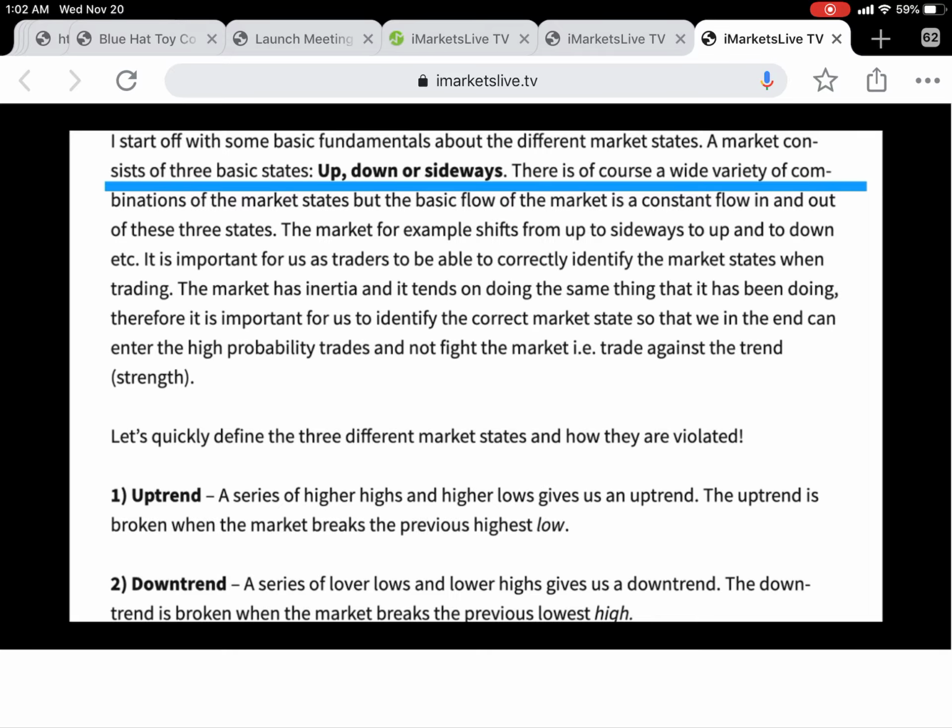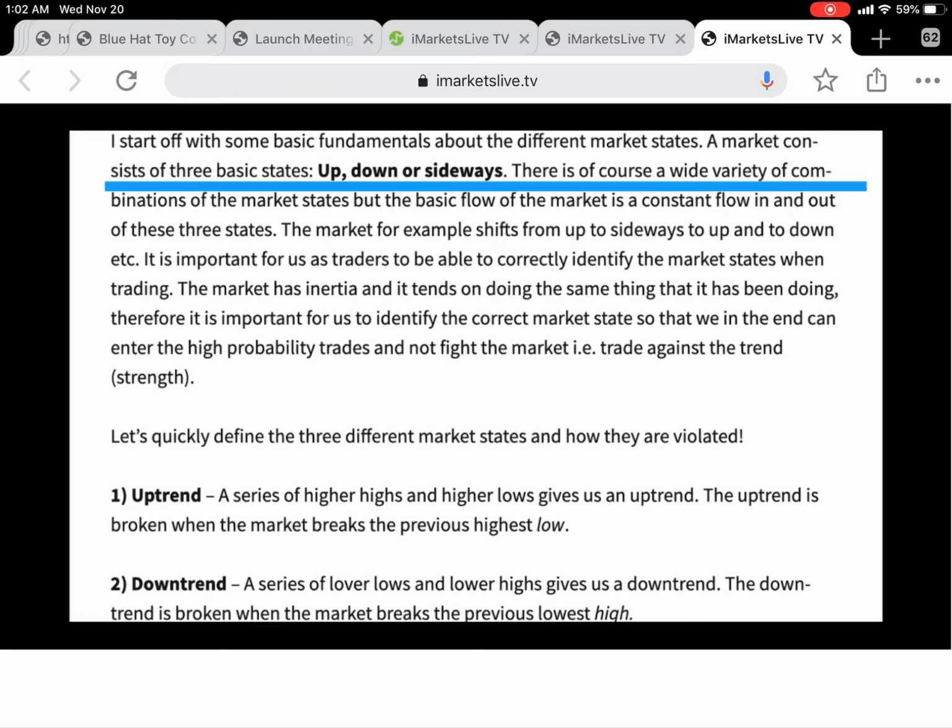Now, it is important for us as traders to be able to correctly identify the market states when trading. It's very important to be able to identify if you're in an uptrend, a downtrend, or if the market is going sideways. Where am I?